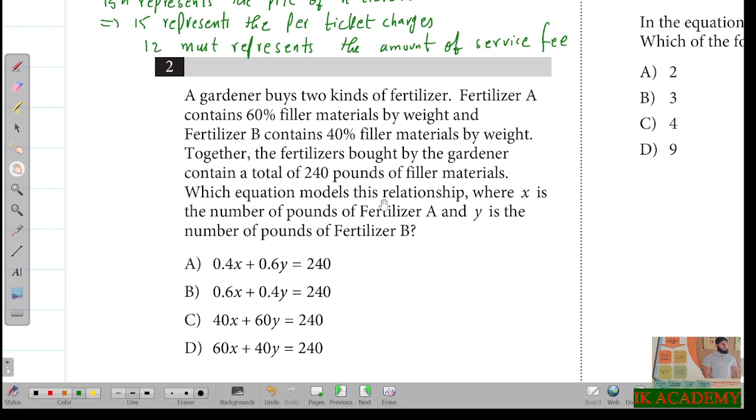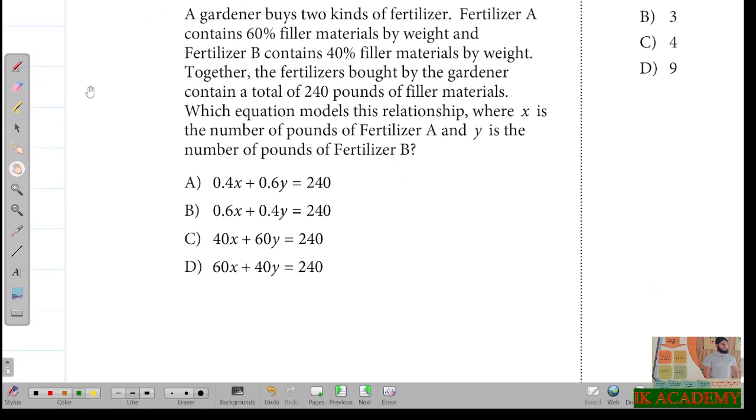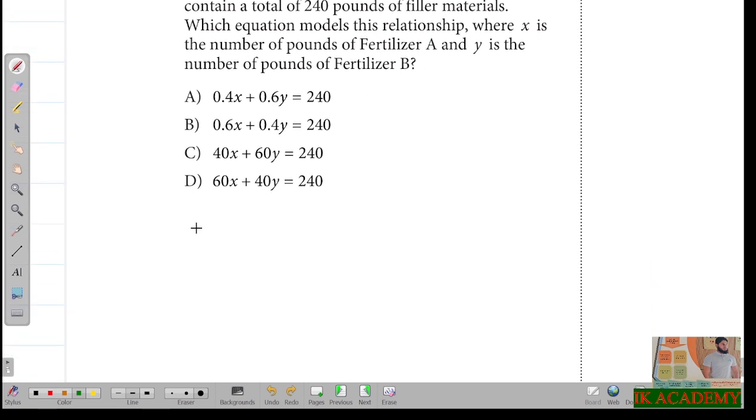Which equation models this relationship, where x is the number of pounds of fertilizer A and y is the number of pounds of fertilizer B? So we can represent these percentages in number form.